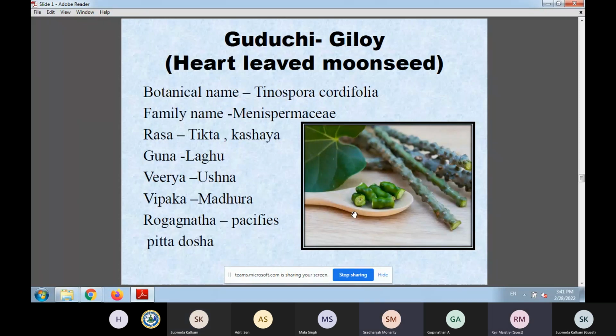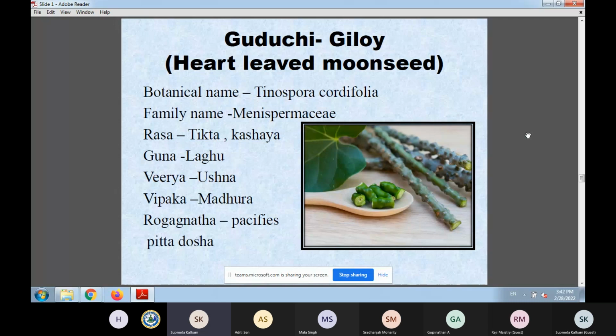I know Giloy, but I don't know the name in our part of India. Okay, fine, Giloy is correct. Giloy is commonly known. Giloy has heart-shaped leaves.